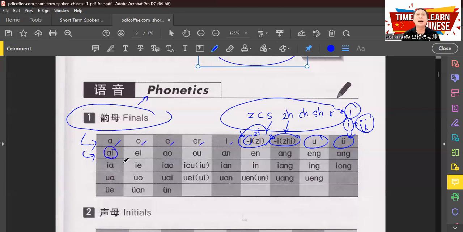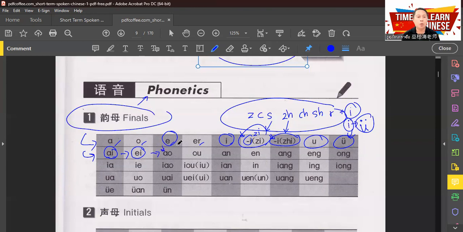A and I is I. And next one, E and I. For E, the sound is like this, but I, the sound is like E. Plus E. Okay. Again, please. E and I is A. Okay. Go to the next one.